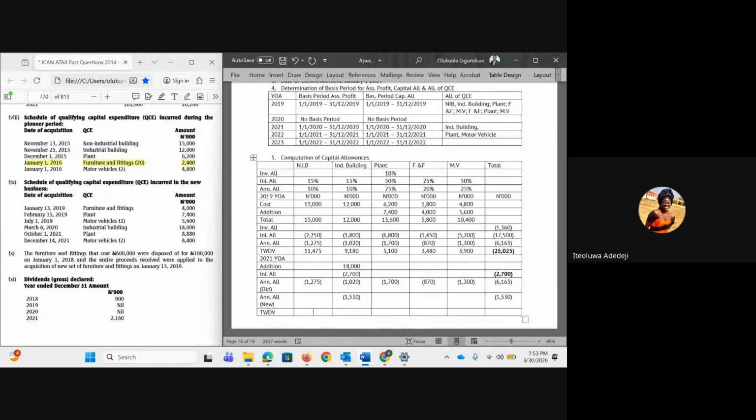Furnitures are 15. 2,061. 10,200. Furnitures are 15. 2,610.